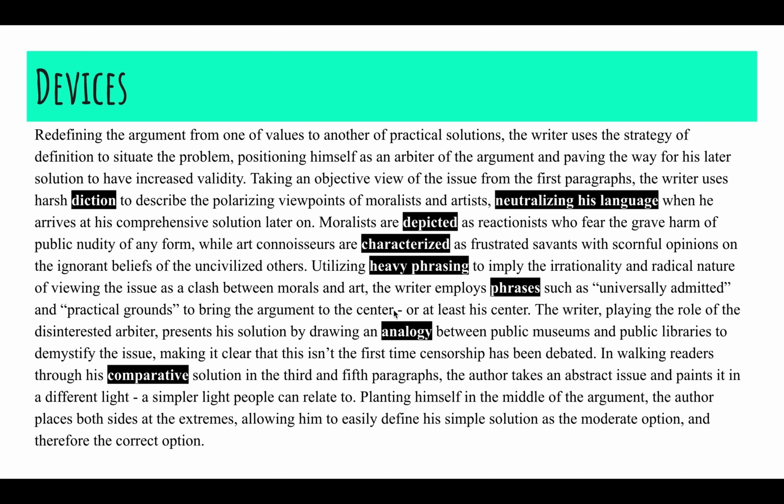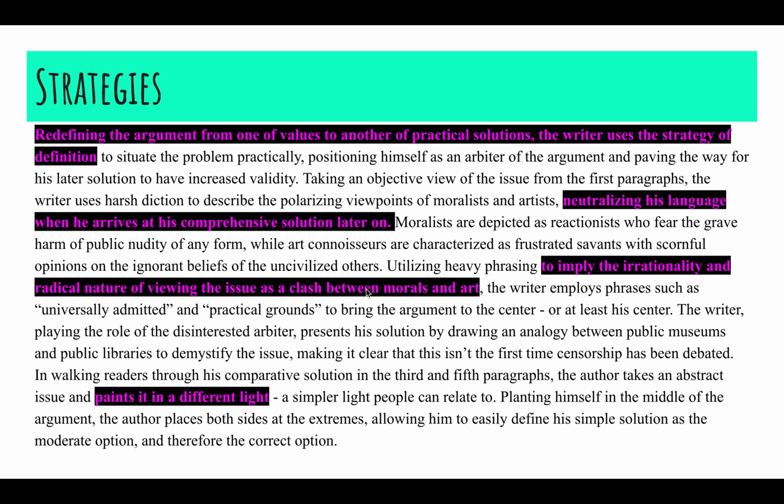The heavy phrasing, phrases, analogy, then a comparison. This writer is very aware of devices altogether. The writer uses harsh diction to describe the polarized view, neutralizing his language when he arrives at a comprehensive solution. The moralists are depicted as reactionists, characterized. It's very aware of devices, and it's also very aware of the strategies within the devices.